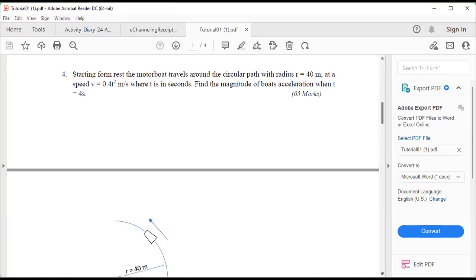Remember last time I showed you how to do the curvilinear coordinates, where we have unit vectors along theta and r direction. Are we going to use that one or are we going to use ijk? Which one do you think will be suitable for this case?